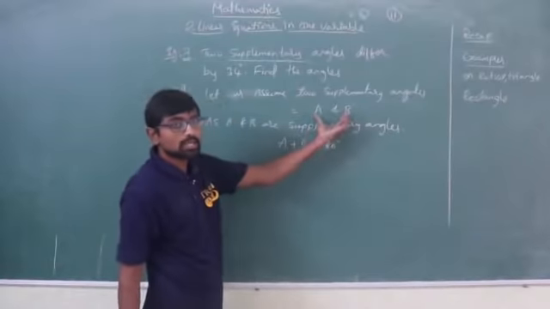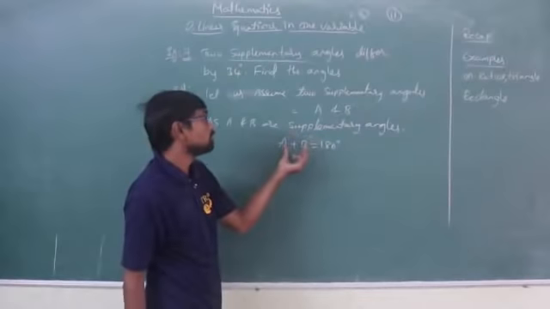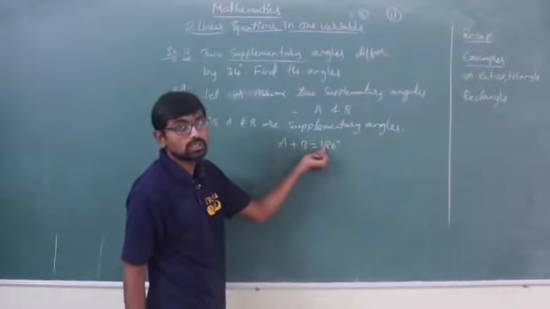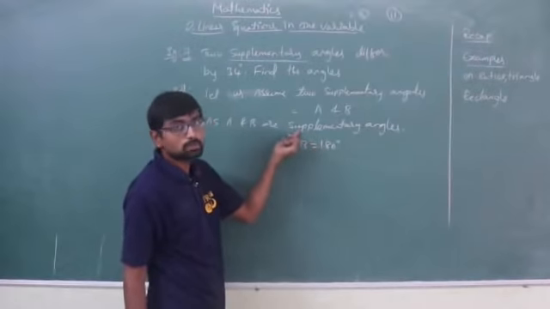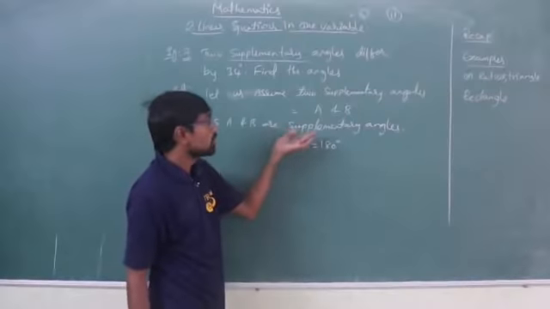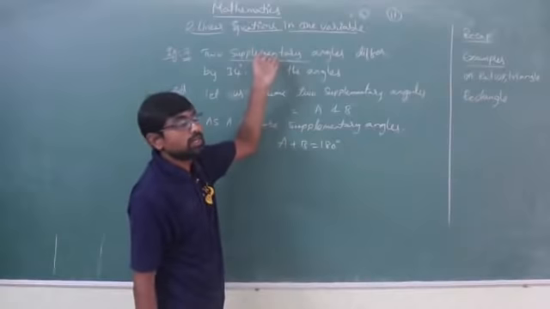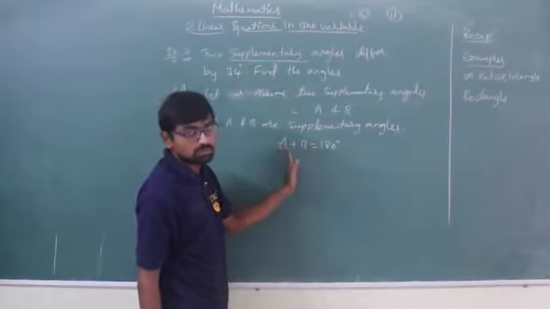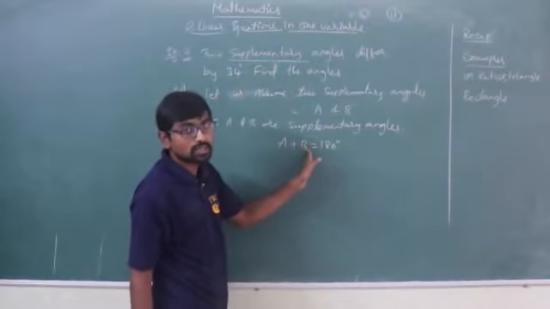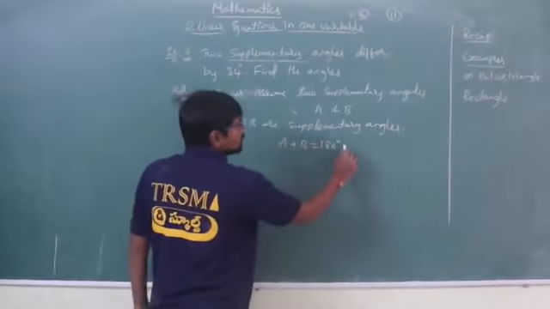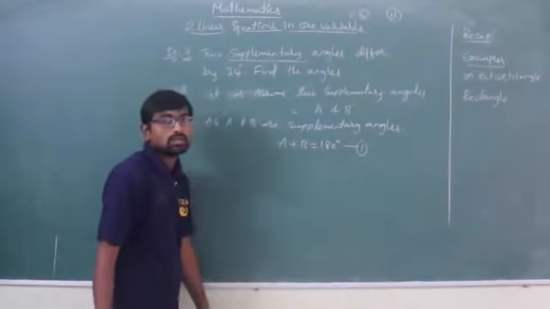Why? These both angles are A and B. Whenever we add both the angles, we will get 180, in which condition? In the supplementary condition, isn't it? As he has mentioned in the question, both the angles are supplementary. It means that the sum of both the angles is 180 degrees. So this is my equation number 1, isn't it?